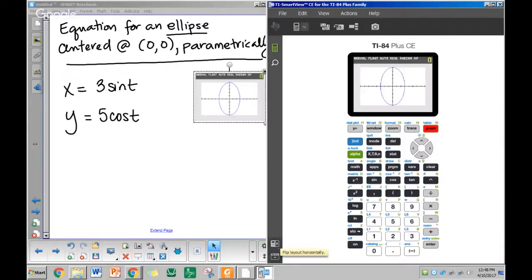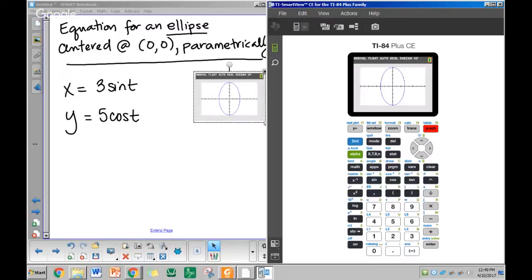All right, so what do we notice here? This is indeed an ellipse, centered at 0, 0. Notice anything? What's the stretch factor in the x direction? 3. Where is that living? It's the coefficient of the x.